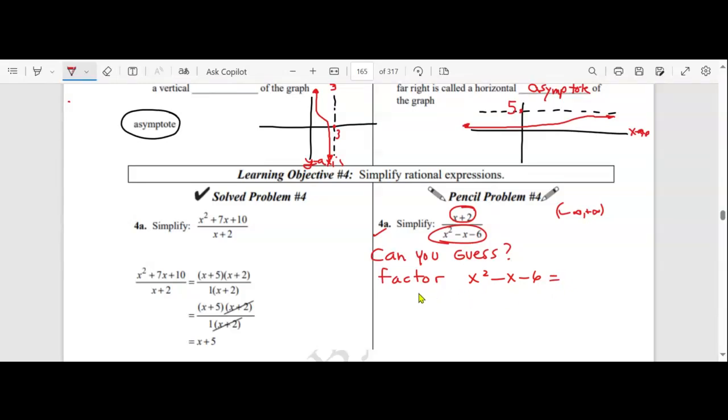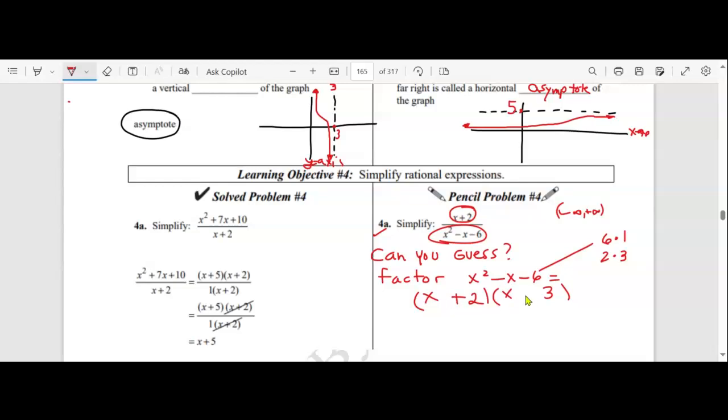So what are you going to get? x and x, correct? 6 is what by what? Either 6 times 1 or 2 times 3. Which one will you choose? 2 and 3? Okay, the signs? Plus here, and minus here.